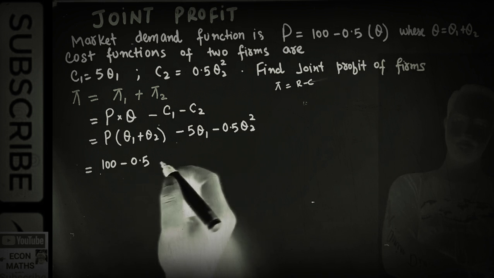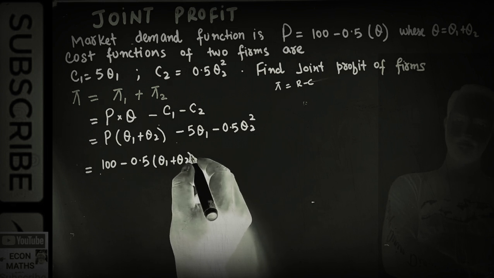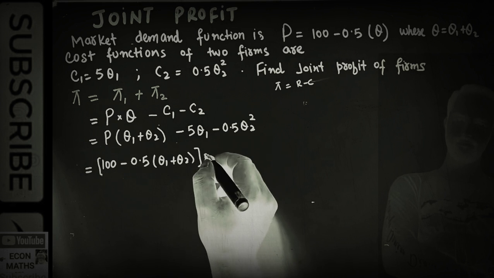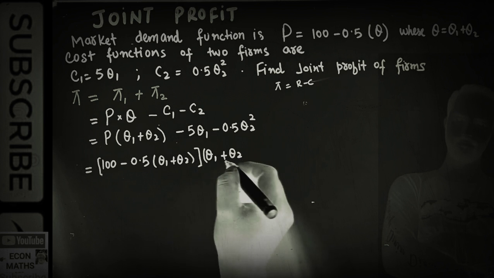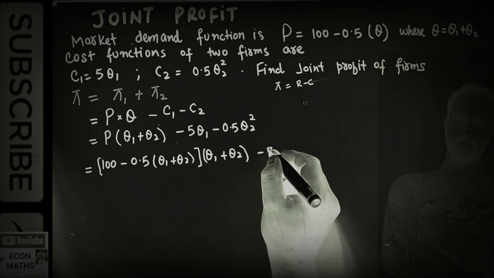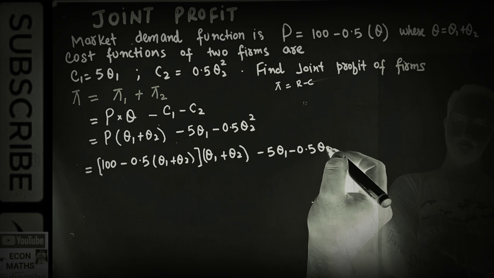So in place of Q I will write Q1 plus Q2. To this we multiply Q1 plus Q2. Then we have minus 5 Q1 minus 0.5 Q2 square.